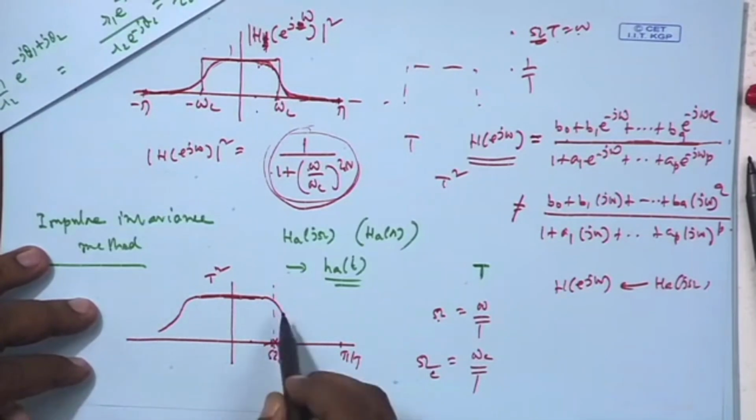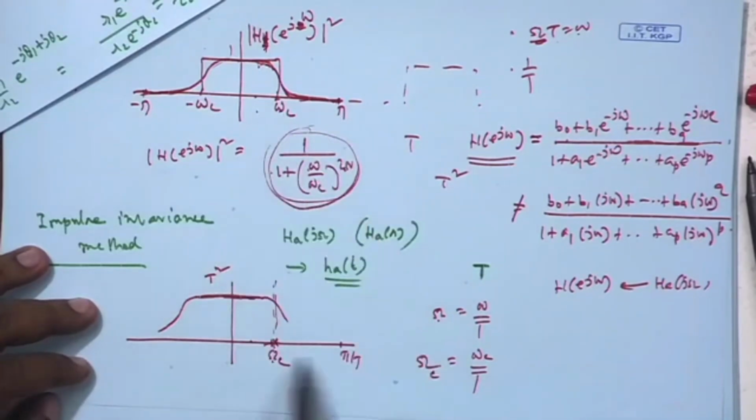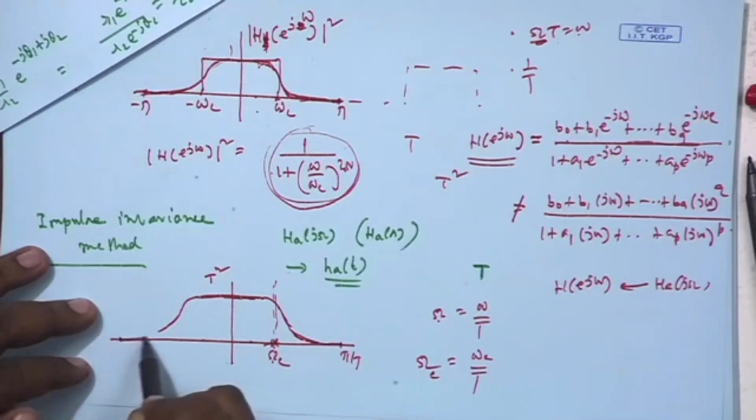Since small omega c is much less than pi, capital omega c will be much less than pi by T, and therefore it will go down sharp, and n is large. When it reaches the half sampling frequency it is almost 0.